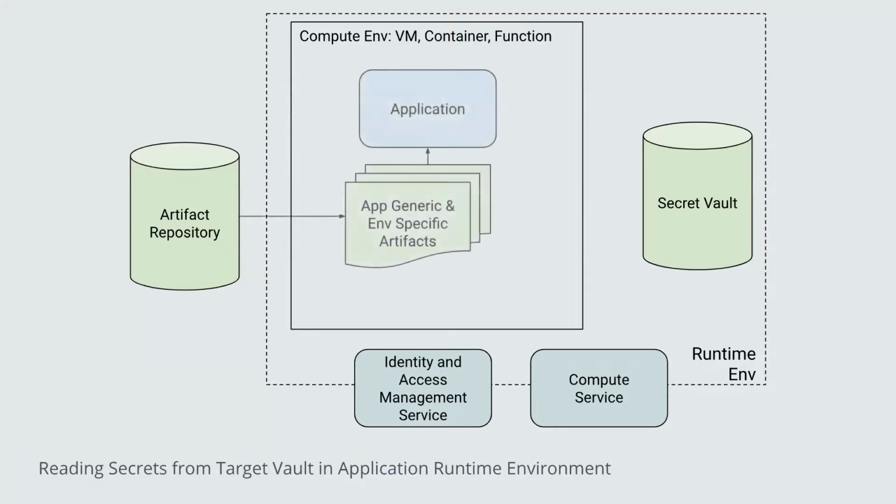And so boom, our orchestrator says, let's have an application. We're deploying this, it doesn't really matter too much for this example. It could be a virtual machine, a container, a function. Let's start things up. We grab the application and whatever your environment specific configuration artifacts are.